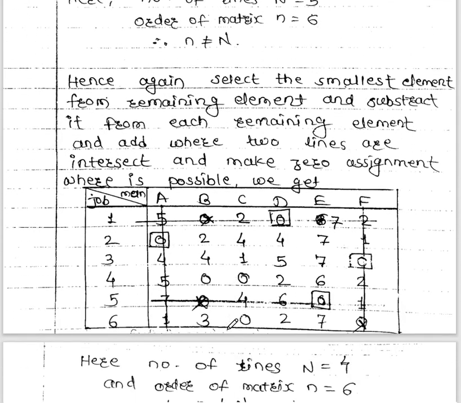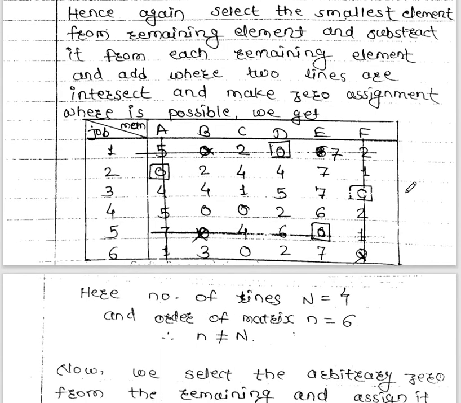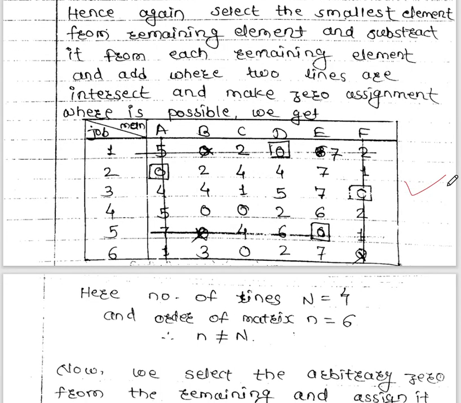In this way we can obtain this table, adding and subtracting as per the previous usual method. If you observe, from each row and each column you will get at least one zero.